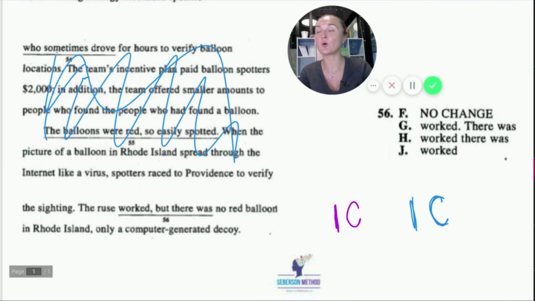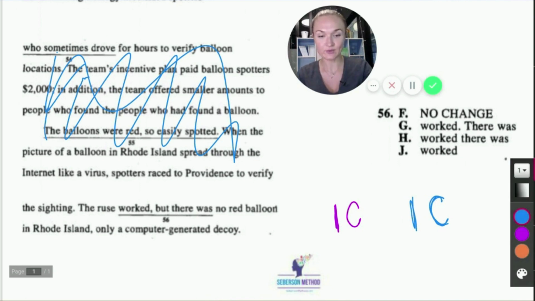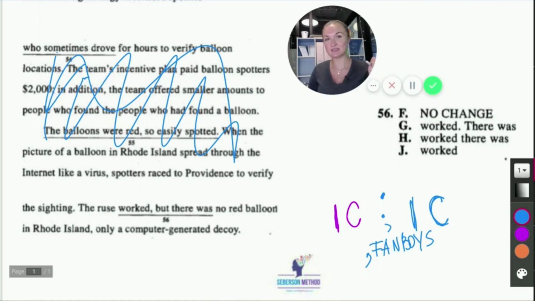And if you know anything about grammar that has to do with standardized testing, you probably know this rule that two independent clauses could be separated by a period, a semicolon, or comma FANBOYS. FANBOYS are your coordinating conjunctions that represent a specific relationship between those two independent clauses.